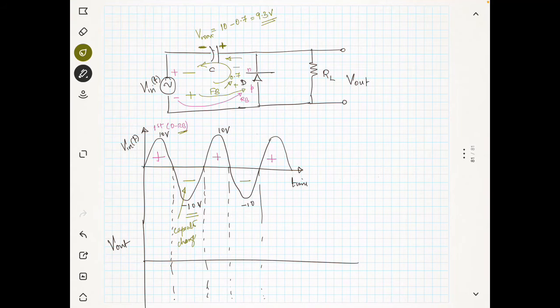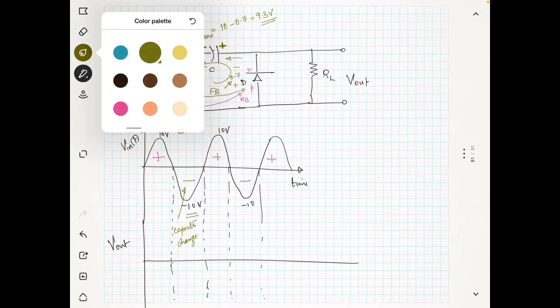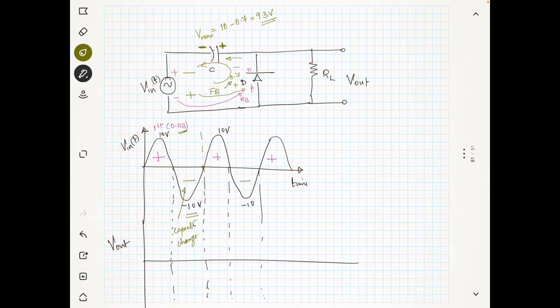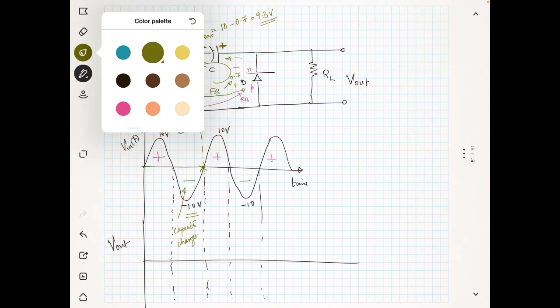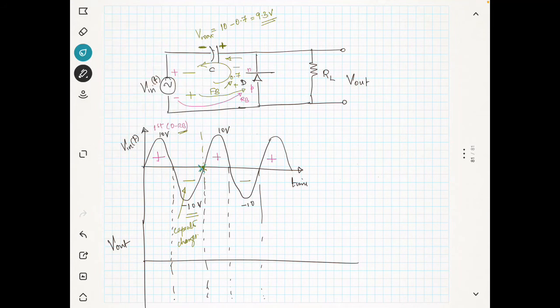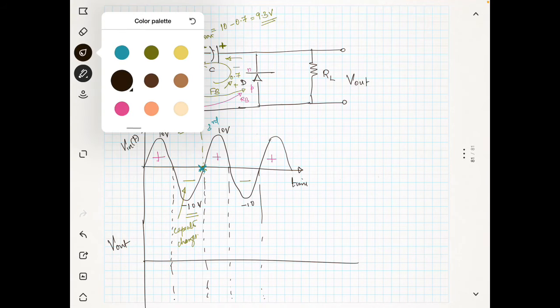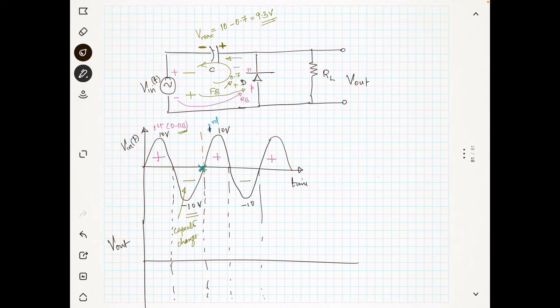Now we will see our real output from this point onwards. For convenience, I will explain what will happen in the next, third cycle. So this is the third cycle, and that was the second cycle.